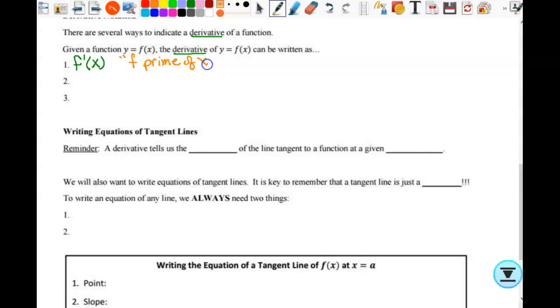Okay? And then another way to do it, which we don't use a whole lot, but you might see, is if we're calling it y, it could just be y prime. That's another way to do it, is just y prime.